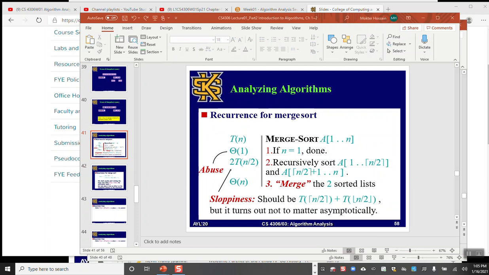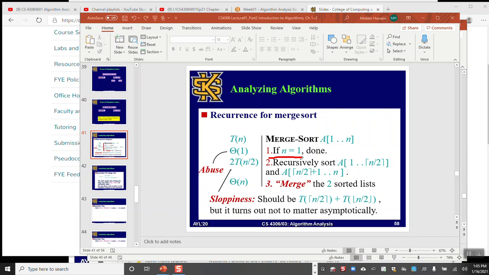So what happens over here? This is my merge sort algorithm. Here n equals 1. Every instruction or statement in a program takes some time to be executed, right?